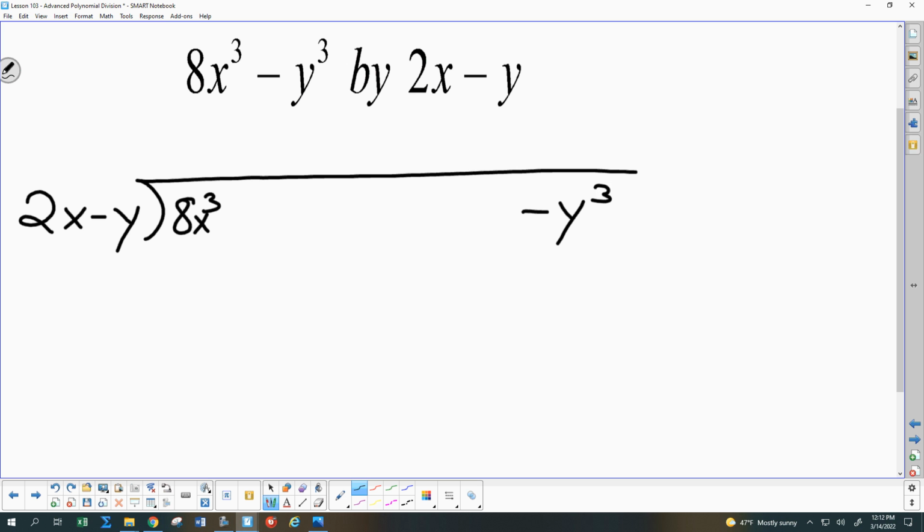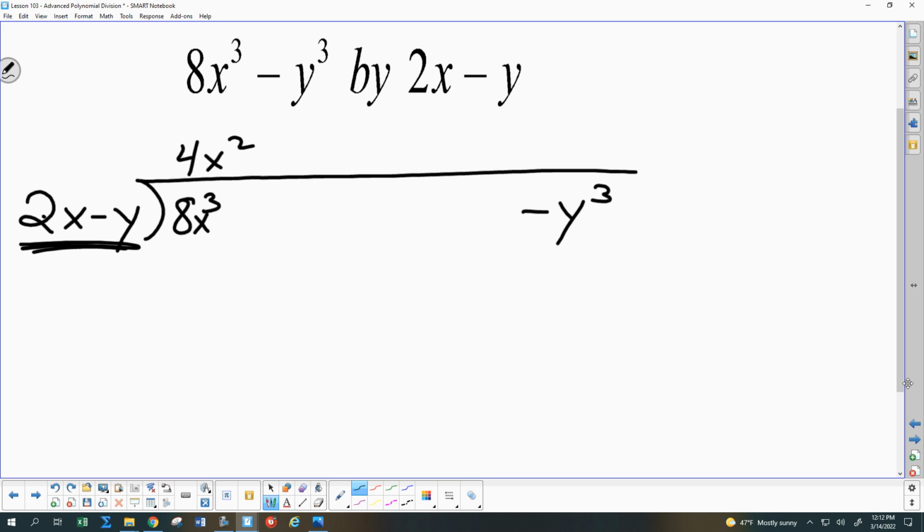Everybody have the first term written in that quotient? And Emily, what are you putting as the first term in the quotient? 4x squared. Everybody give me a thumbs up, thumbs down, whether that's what you also put in there. Okay, multiply 4x squared by the entire 2x minus y.